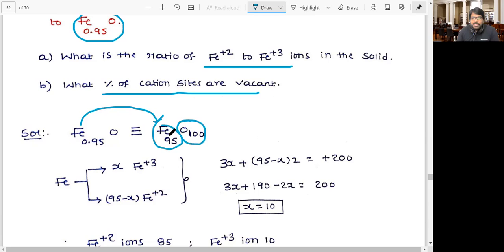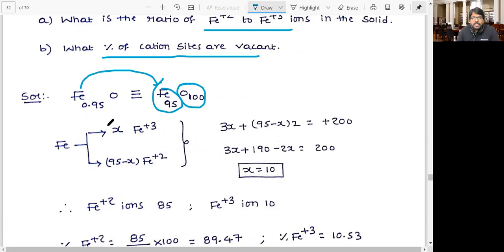But we know in this, some of them are in +2 state and the remaining are in +3 state. How many are in +3 state? X. 95 minus X will be in +2 state. And how many oxygens are there? 100. What is the total negative charge? -200.